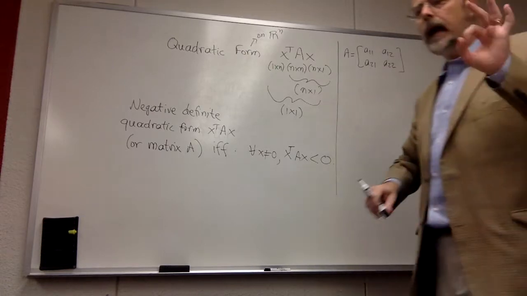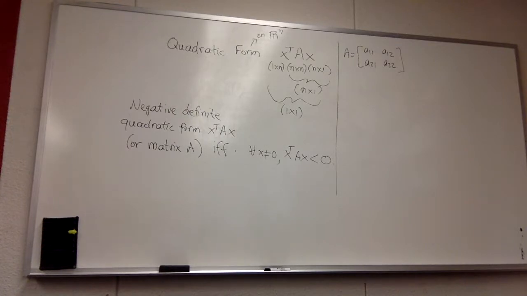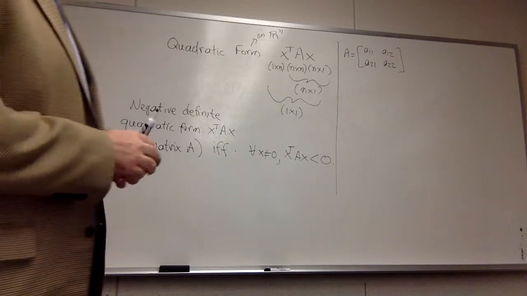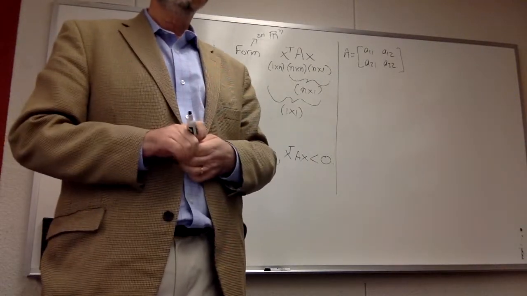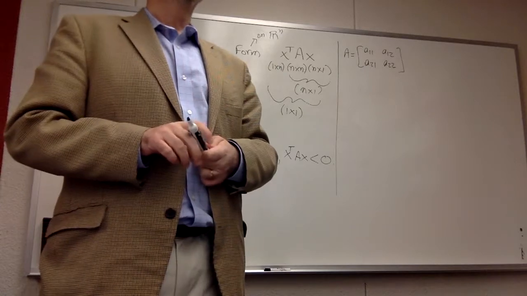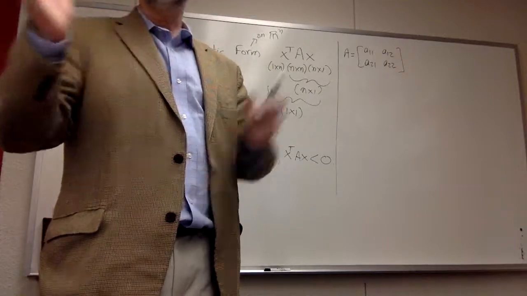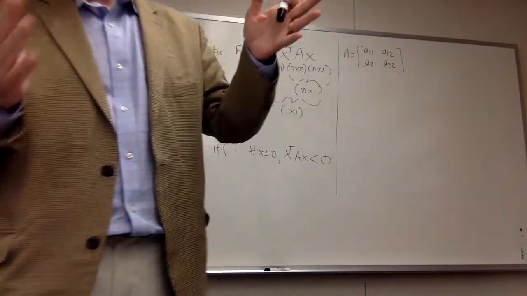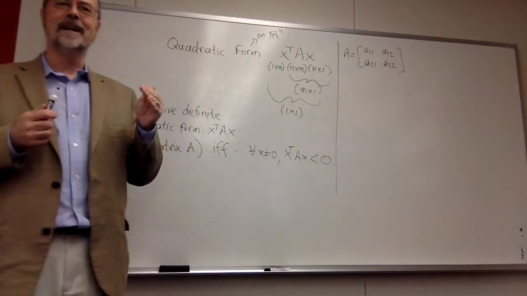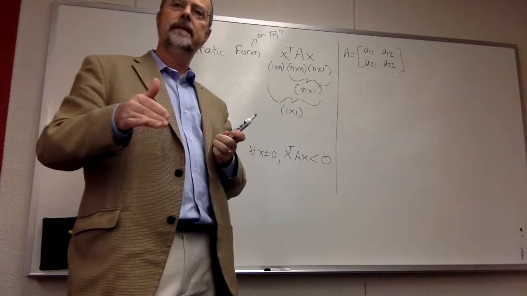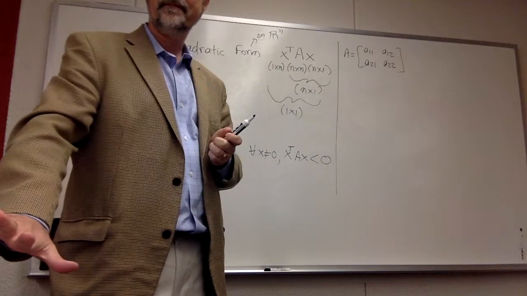Okay. How do you form a minor? You have to delete an equal number of rows and columns. A principal minor, you delete the same row and same column. If you delete the first row, you better delete the first column, right? A leading principal minor is if you delete a set of rows and columns, they must be the last ones.